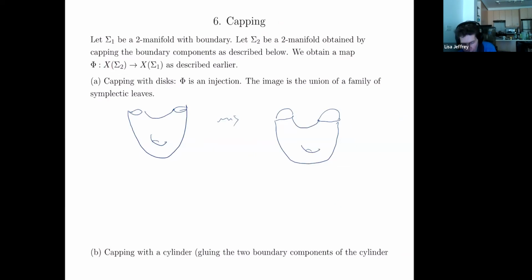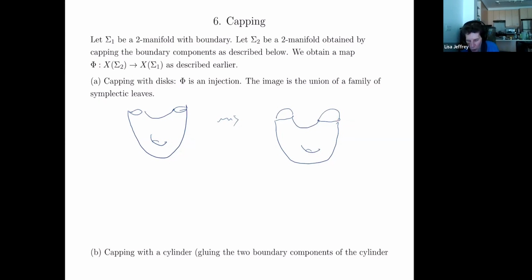So phi is, as in the previous section, the map from the character variety of sigma 2, the capped surface, to the character variety of sigma 1. Of course, now the map from sigma 1 to sigma 2 is an inclusion map. So in the first case, you would have capping with disks. You have two boundary components here, for example, and you cap each of them with a disk.